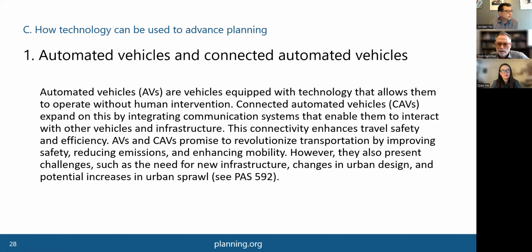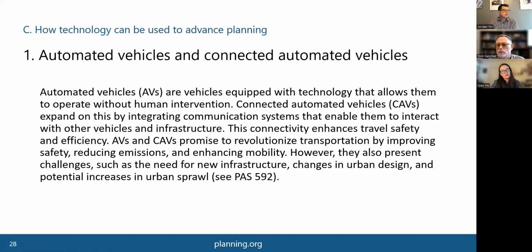This is certainly an increasingly popular topic when we're looking at technology in cities, when we're talking about automated vehicles, or AVs, and connected AVs. Automated vehicles are vehicles equipped with technologies that allow them to operate without human intervention.